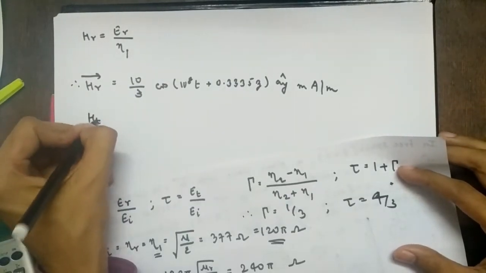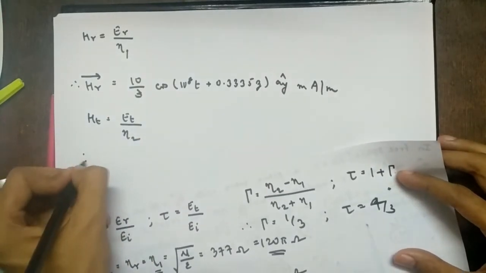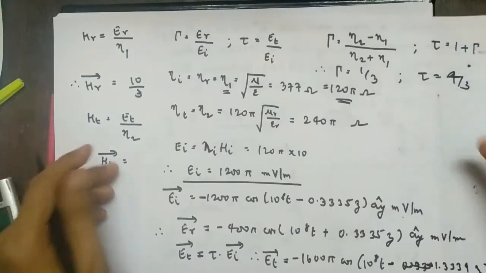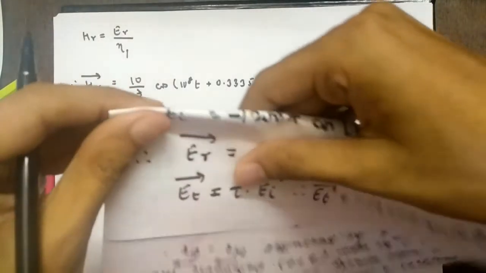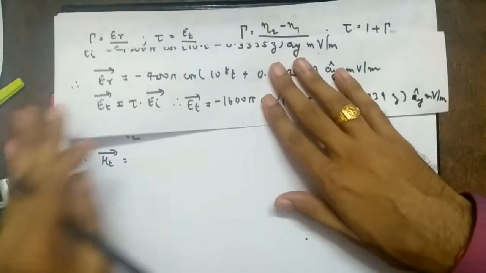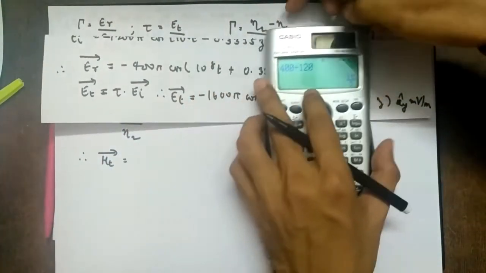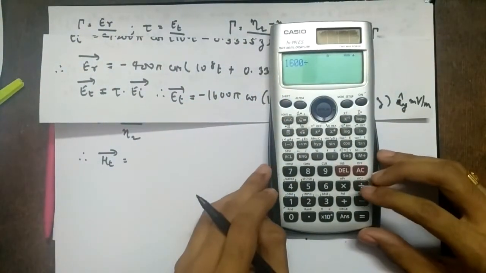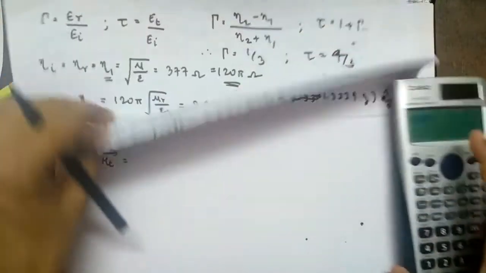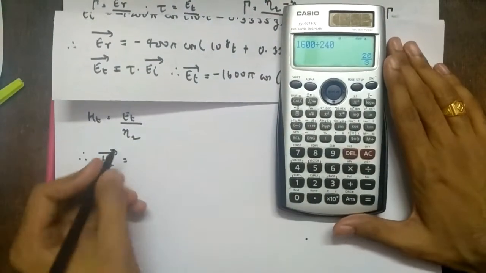Similarly, what will be HT? It is ET upon eta 2, right? So therefore, what will be HT vector? ET vector, what is ET vector? We have it. So this is ET vector. So upon eta 2 means 1600 pi divided by eta 2, which was 240 pi. So 20 by 3.